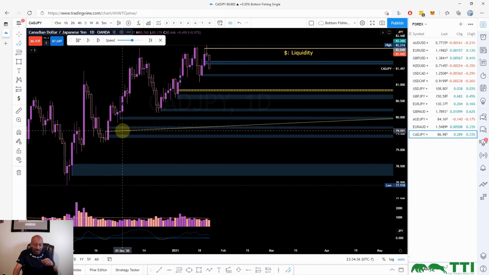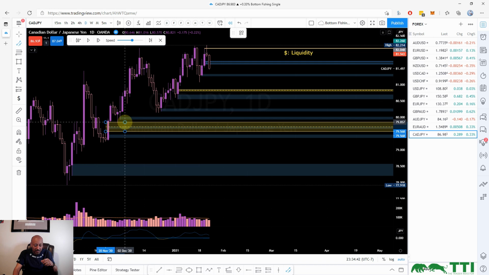So you see an imbalance here, and price didn't come to 50% of that imbalance, but it came back to some degree in that imbalance. So you might want to leave this one as an example for future reference.